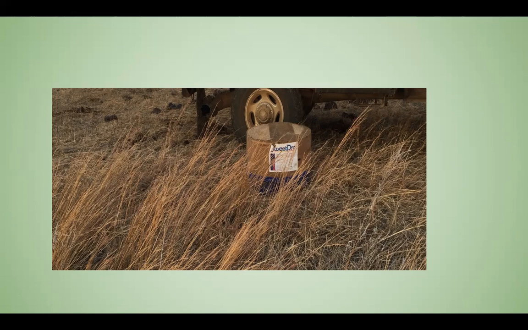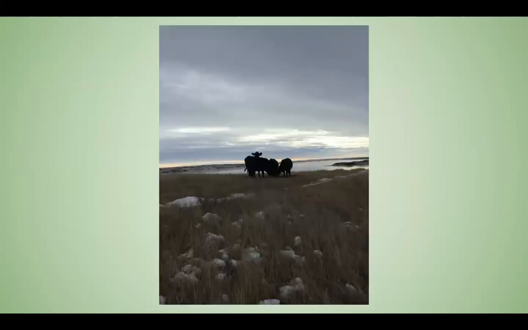So what we did was we put our supplemental mineral tubs right out there in the middle of that little bluestem patch. And the livestock walked to it from all parts of the pasture.